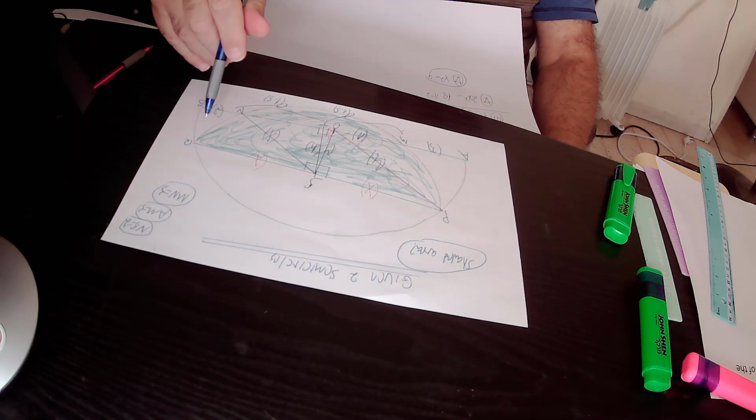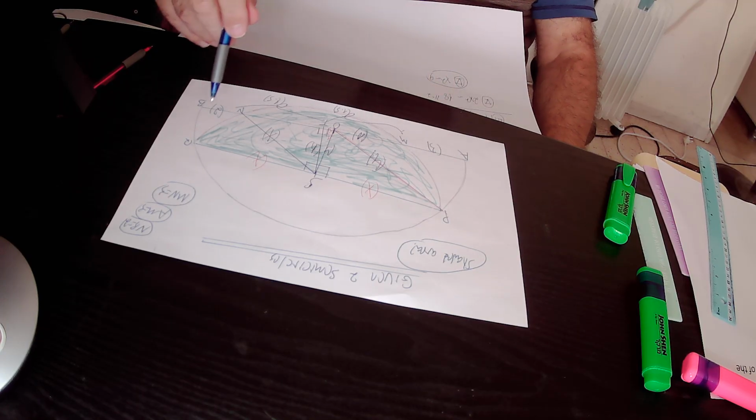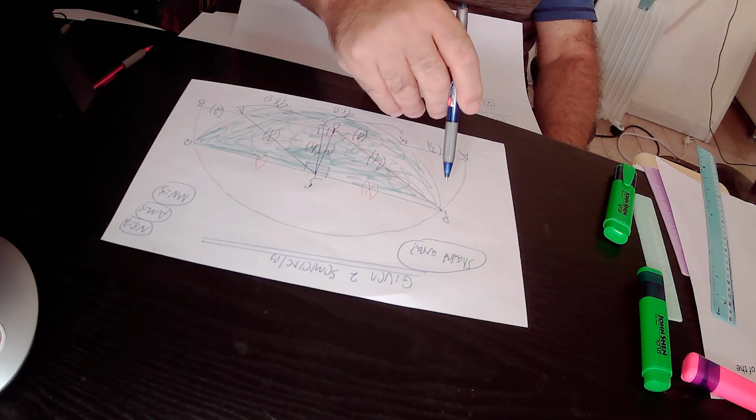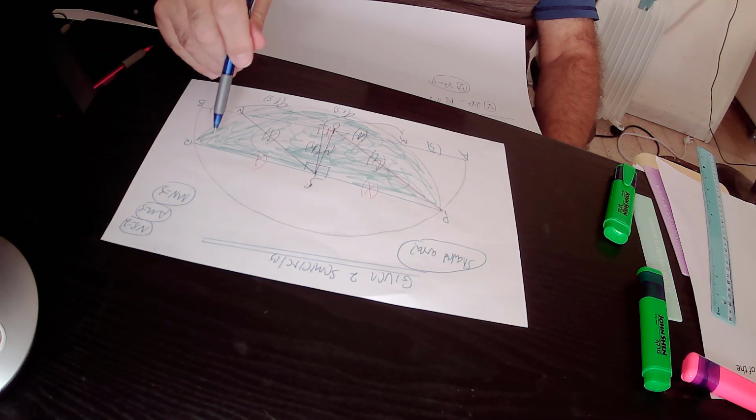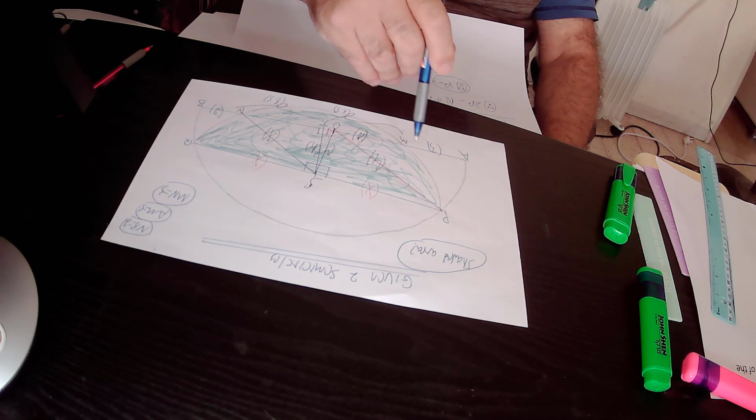Our task is to find out the size of this shaded area. The shaded area is the area of this small semicircle. So we have to find out the area of this small semicircle.